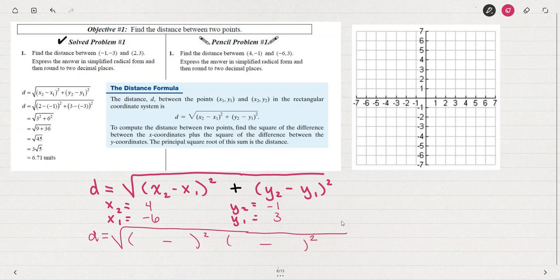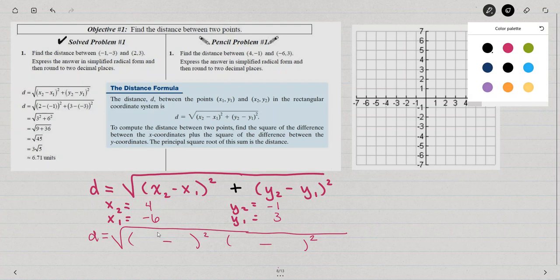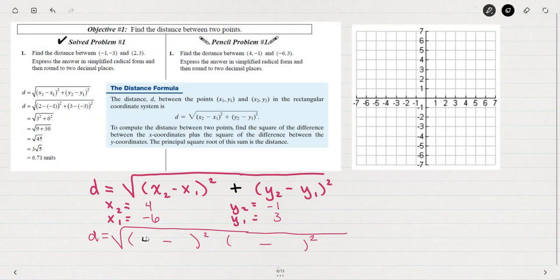so in the formula, in place of the two x's, we've got a 4, and watch out with the subtraction, because it's -6. 4 subtract -6, so what we're actually going to do is add, right? And then -1 subtract 3.